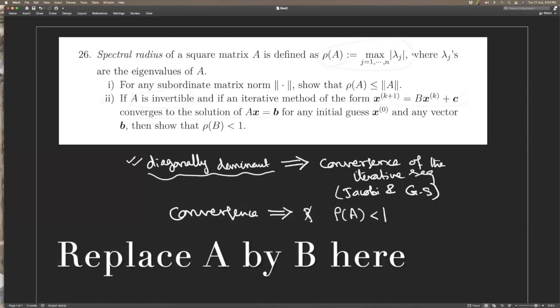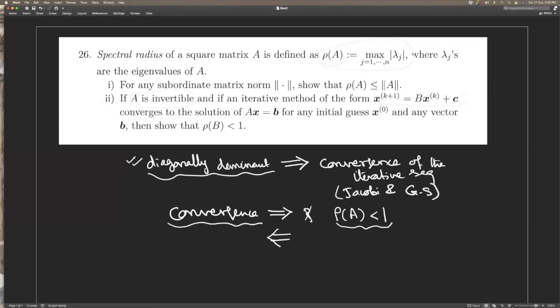And in fact, its converse is also true. That is, if the spectral radius is less than 1, the iterative sequence converges. So spectral radius less than 1 is a stronger condition, and that can be seen in a sense from part 1 of this problem also.